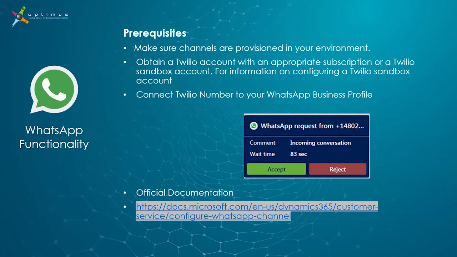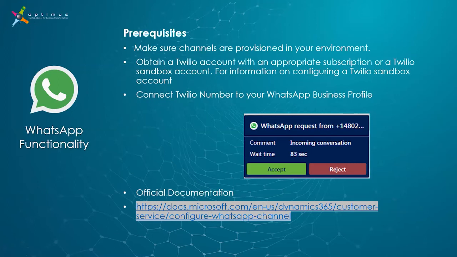The interaction between CRM, Omnichannel, and WhatsApp is not direct. It's through Twilio. So you need to configure a Twilio account that basically is an SMS account, but Twilio already has the functionality to activate WhatsApp messages directly.